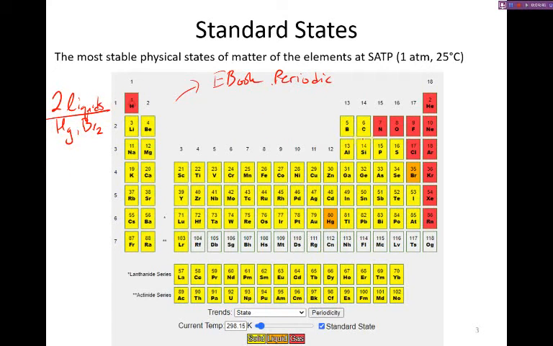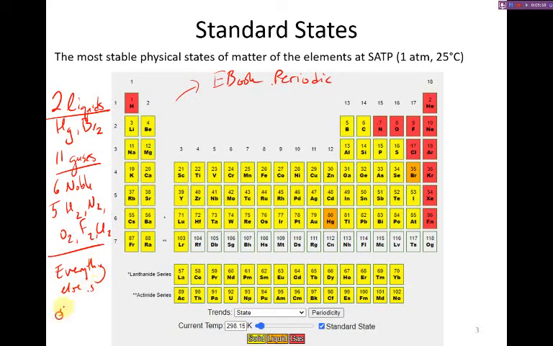And there are 1, 2, 3, 4, 5, 6, 7, 8, 9, 10, 11 gases. And 6 of them are the noble gases, and 5 of them are the others: hydrogen, nitrogen, oxygen, fluorine, and chlorine. And then everything else is solid. So you only really need to know what are the exceptions. The 2 liquids, the handful of gases, and then everything else is solid.